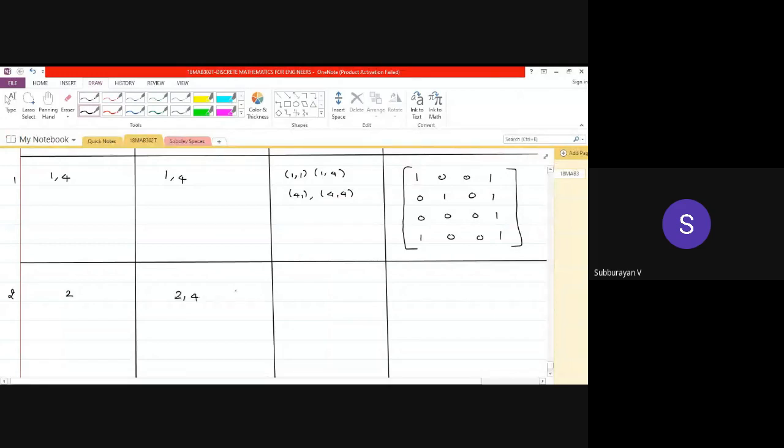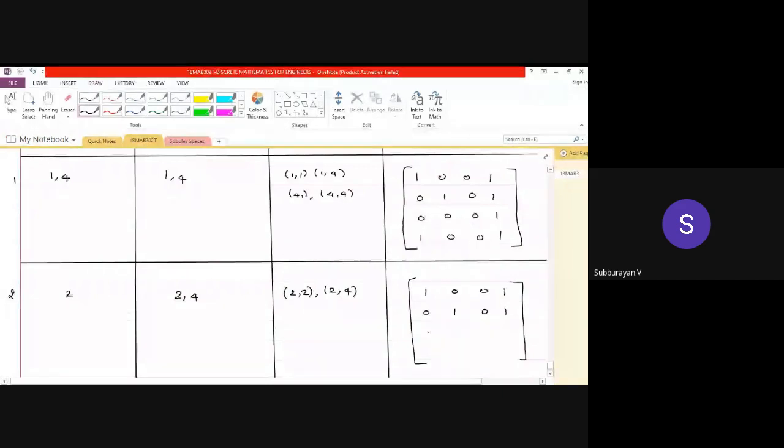Now make the combination: (2,2) and (2,4). Looking at the matrix, (2,4) is 1 and (2,2) is already 1, so there is no change in the matrix. Straight away we can write 1, 0, 0, 1; 0, 1, 0, 1; 0, 0, 0, 1; and the fourth row 1, 0, 0, 1.